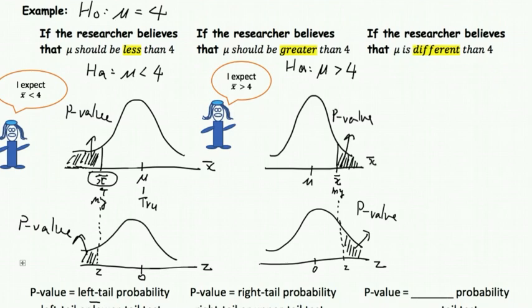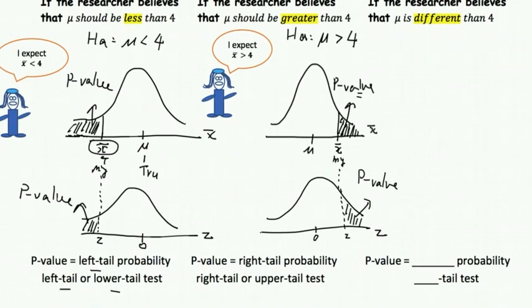Mu is here. I expect the sample mean to be bigger than 4. So the sample mean is on the right-hand side of mu. And the p-value is going to be the right tail probability. So the p-value, in this case, because I have the greater than sign, is the right tail probability. And this type of hypothesis test is called the right tail test or the upper tail test.